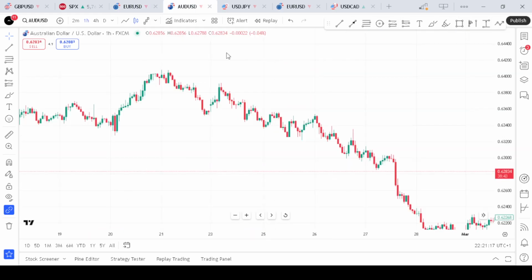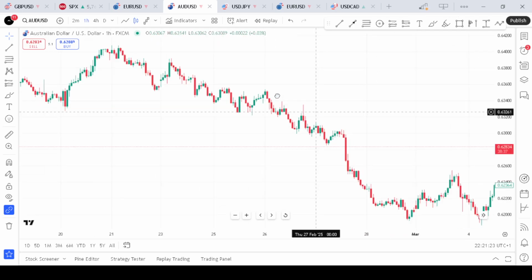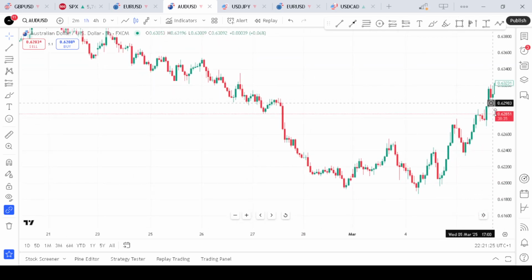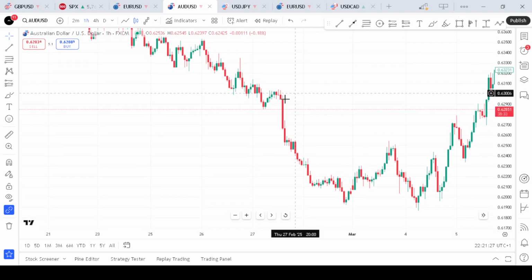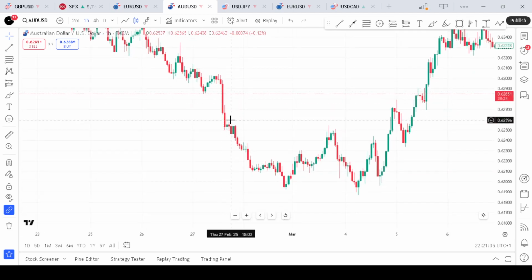Now, for a bearish setup, let's spot the pattern. This is a typical 3 blind pattern, as you can see in this area.